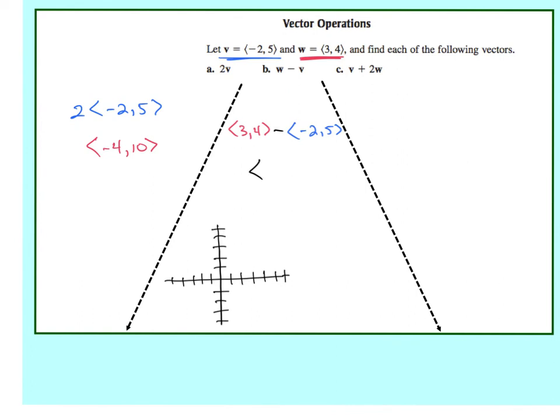So now my x component of my vector is 3 minus a negative 2, which is what? 5. And then 4 minus 5, which was negative 1. So my resultant vector ends up being 5 comma negative 1.